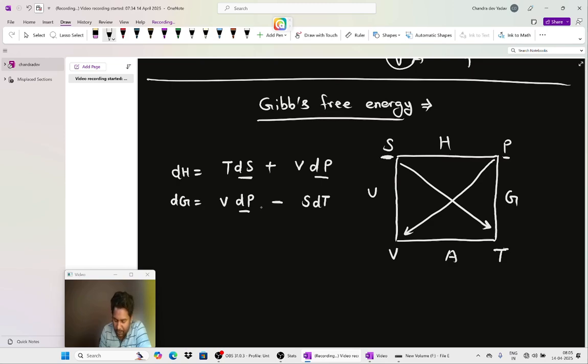And both pressure and temperature can be controlled in the lab because these are extrinsic properties. We can discuss here what is intrinsic and extrinsic. Intensive and extensive are different. Extensive means mass dependent and intensive means mass independent.